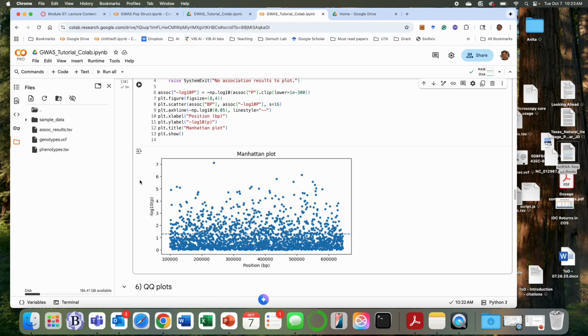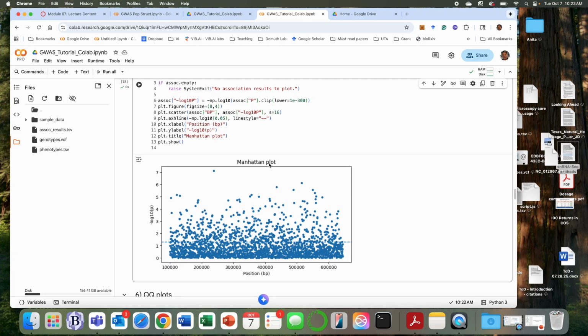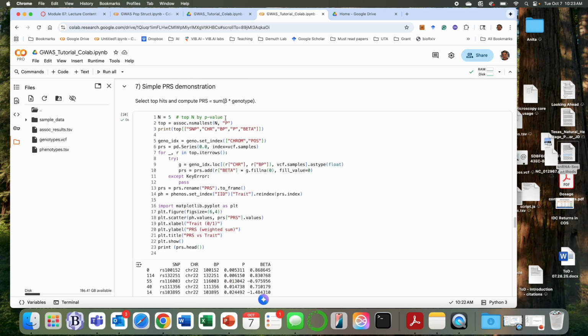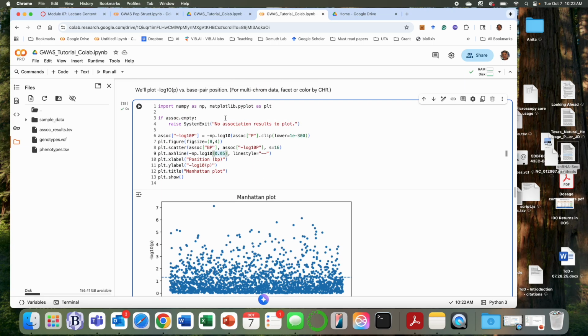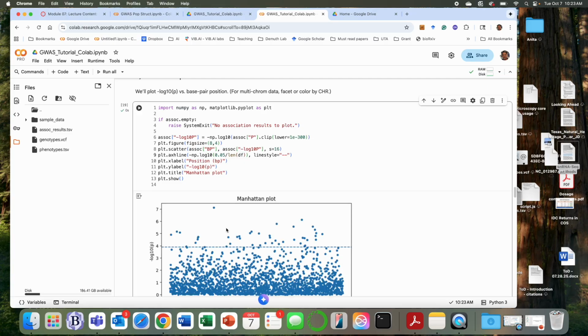But this is also, actually, go back to the Bonferroni correction. You've got a ton of SNPs there that look like they're significant, right?